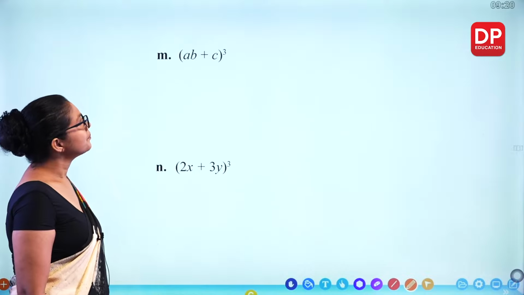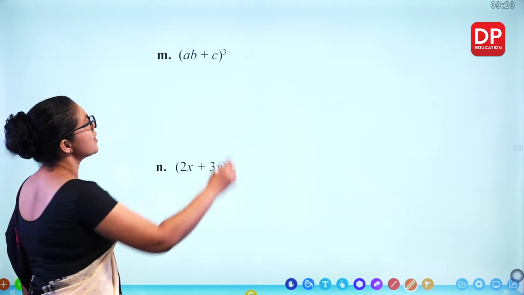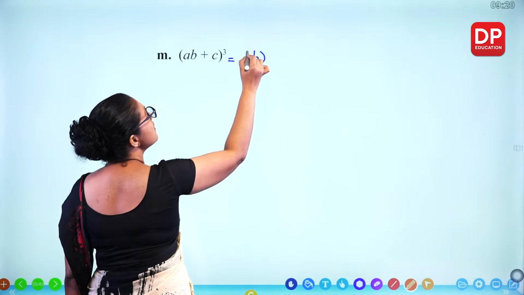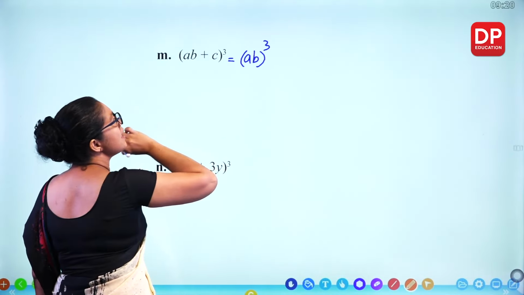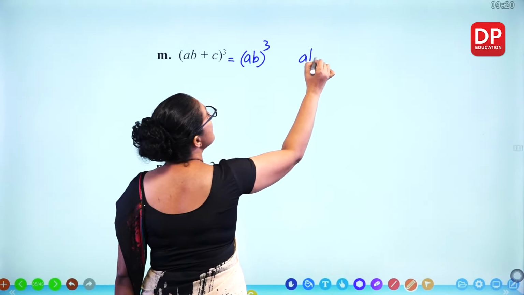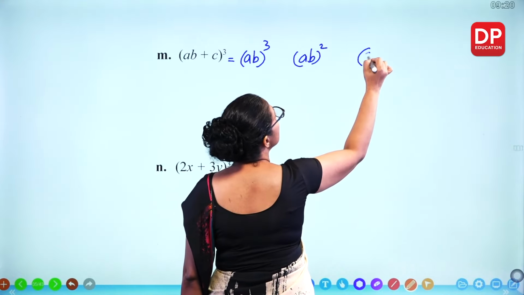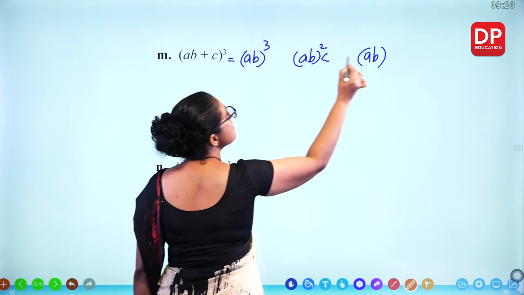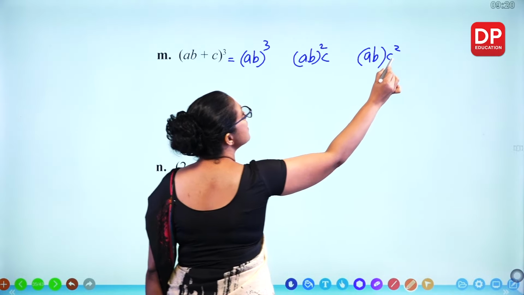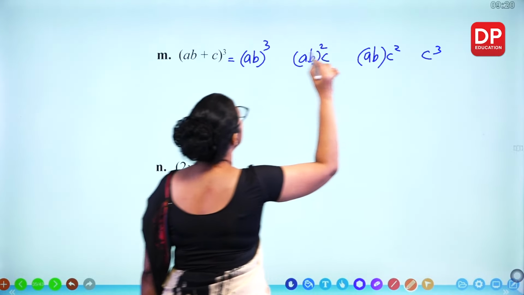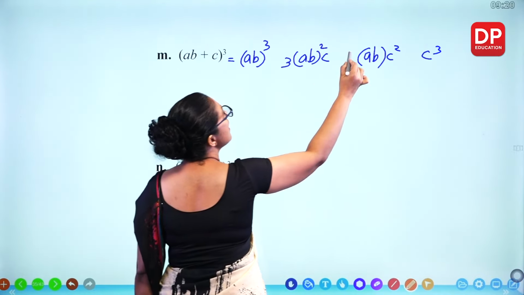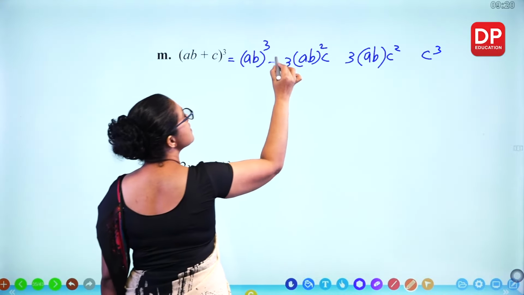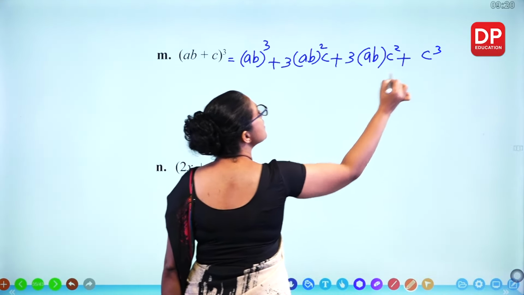This one, a, b and c. So here, what's the first term? a, b. Make sure that you put brackets. (ab) cubed, (ab) squared, (ab). Second, last term, c. c, c squared, c cube. Then the middle term and the other one, 3's, and then this is plus. You put pluses.